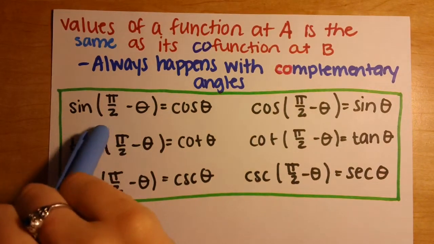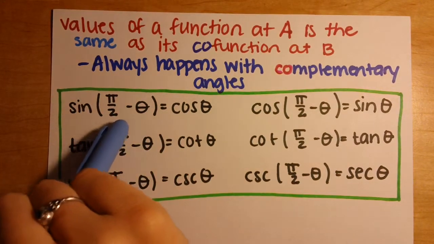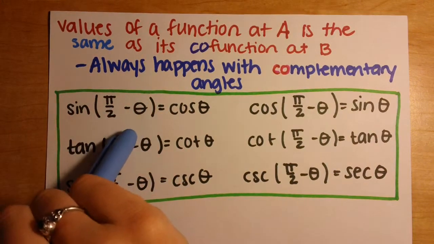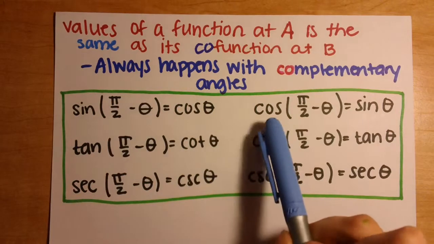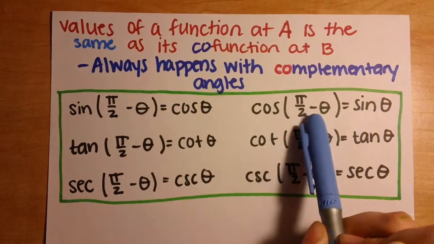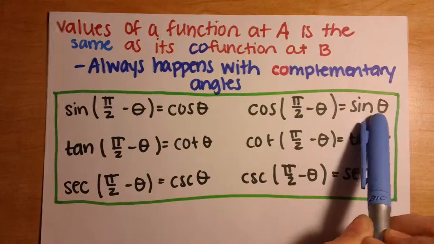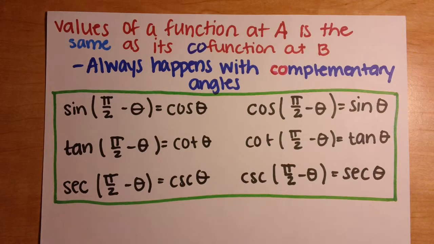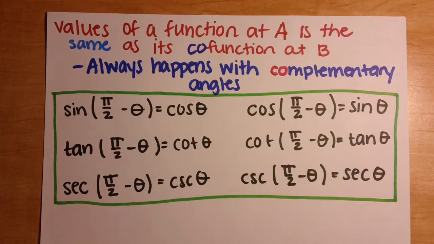You take the sine of pi over 2, which is your 90, minus your angle. This is showing that they're complements. You'll get cosine. Similarly, cosine of pi over 2 minus your angle gives sine. And it'll work for your other ones as well. So you've got to remember that these are cofunctions, and it's dealing with complementary angles. That is when they're equal.